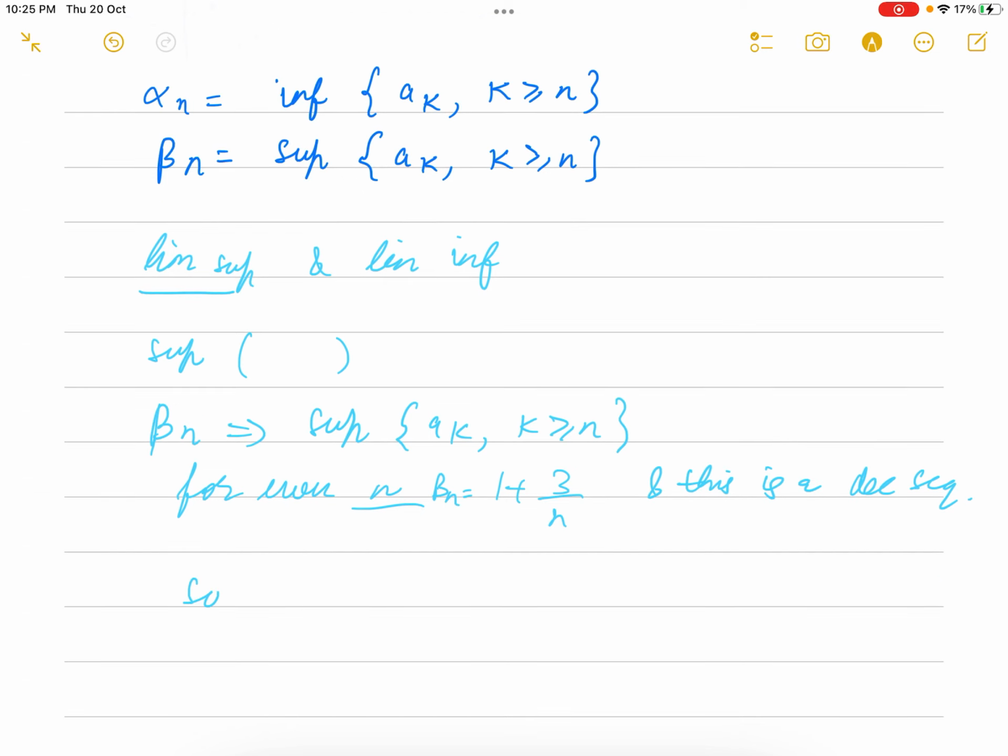So the supremum of a_k where k is greater than or equal to n is 1 plus 3 by n for even n, and 1 plus 3 by n minus 1 for odd n.